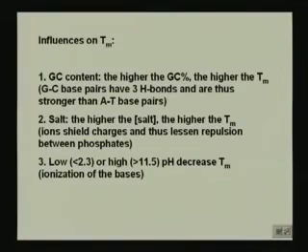When you have different pH, what is going to happen? At low pH, what are you doing? You protonate the bases. As you protonate the bases, you are disrupting the hydrogen bonding, right?